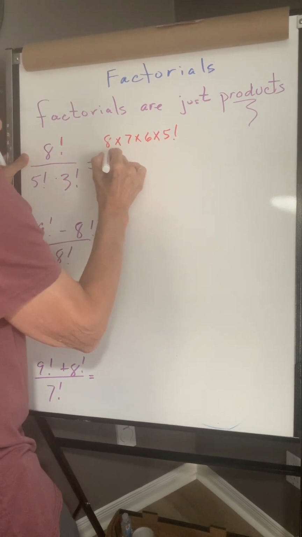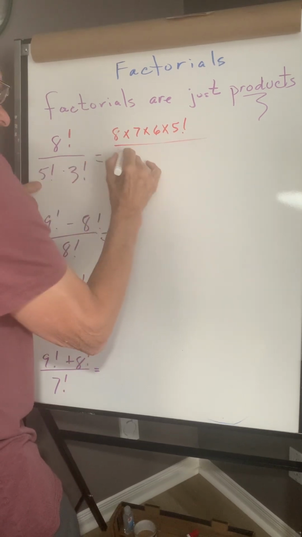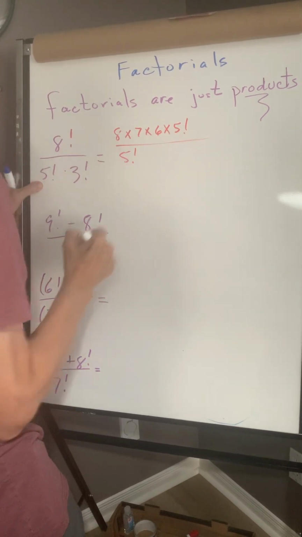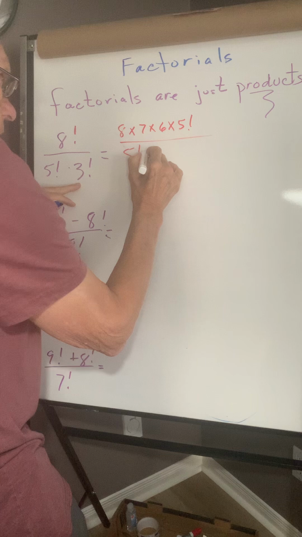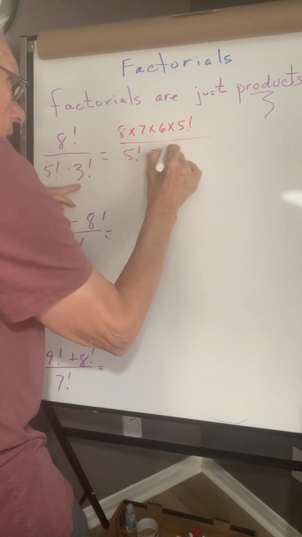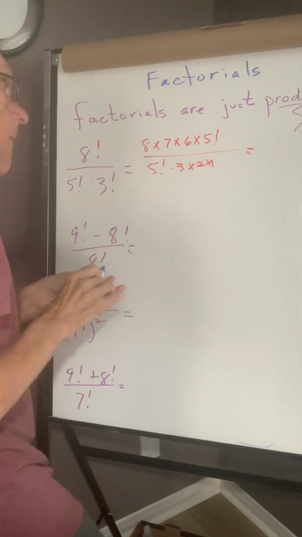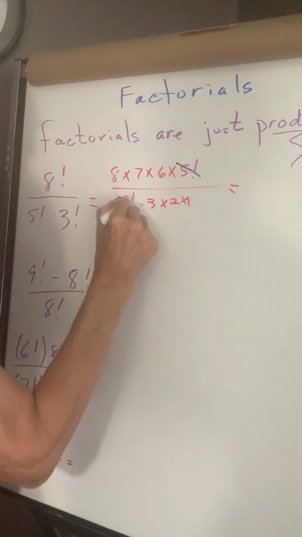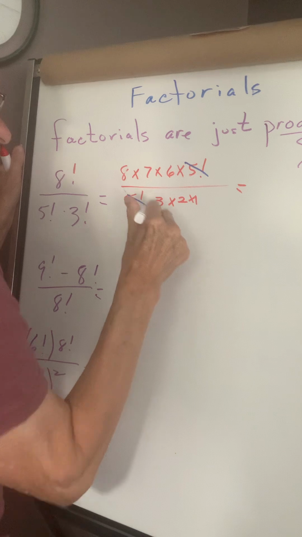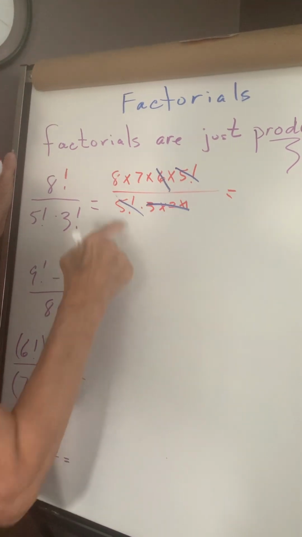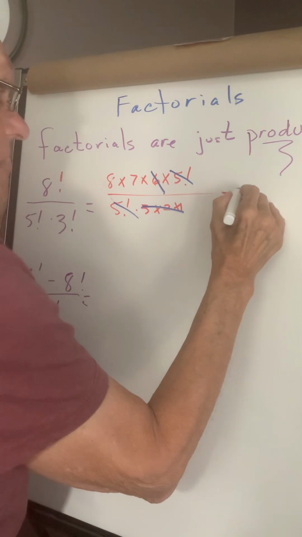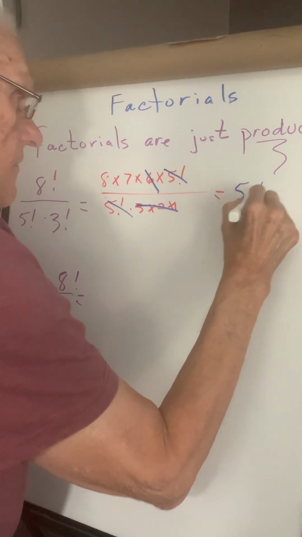I'm going to stop there so this factorial can cancel with that. 3 factorial will be 3 times 2 times 1. Now, this cancels this. This 6 will cancel this. My answer is 8 times 7, which is 56.